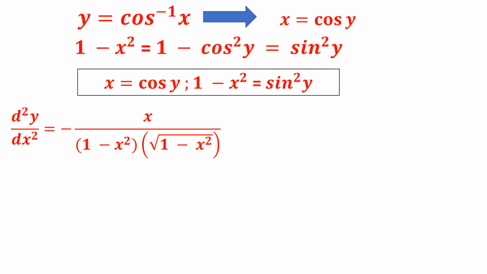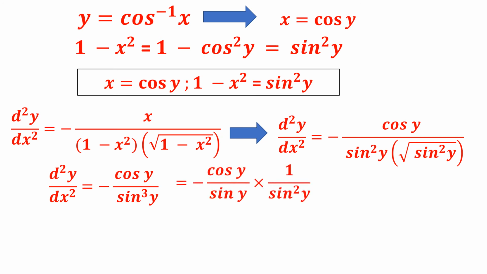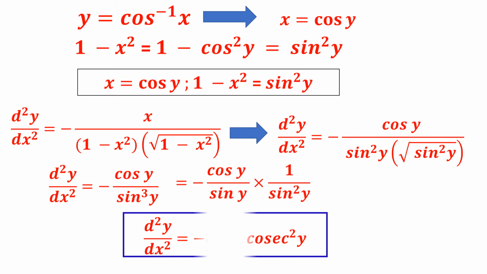Come on, let us put it in this d square y by dx square. Implies minus of numerator for x cos y. In the denominator, wherever 1 minus x square comes, it is sin square y. Square root of sin square y is sin y. Therefore, denominator will become sin cube. Numerator is cos y. You can leave it as it is, but if you want to do any kind of simplification again, it is cos y upon sin y into 1 by sin square y.